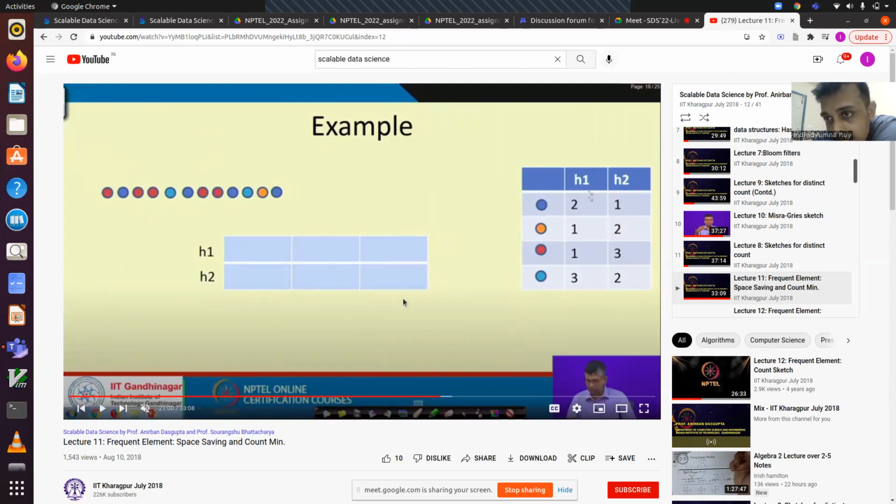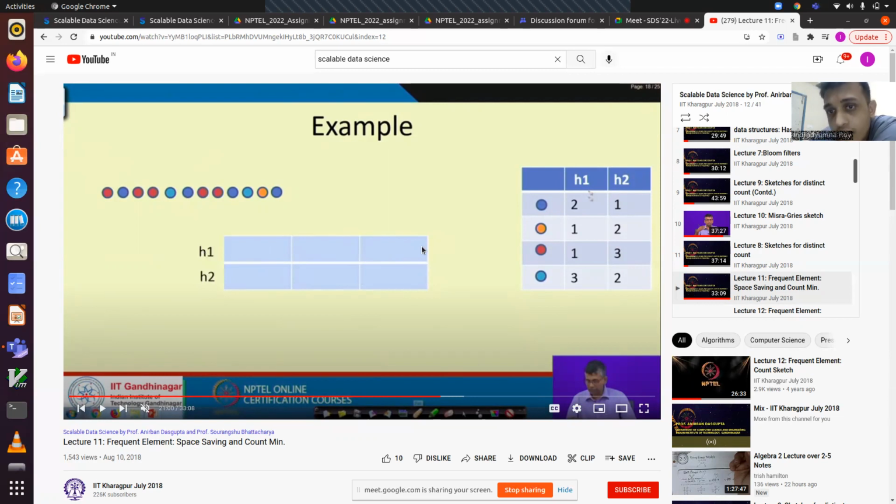Like we had a bit vector in Bloom filter, each of the hash functions was identifying a position, right? In the Bloom filter, h1 identifies a position amongst 1, 2, and 3. In contrast to Bloom filter, where there was only one position array, here each of h1, h2 has its own position array.